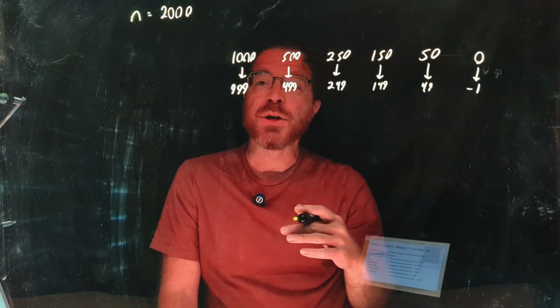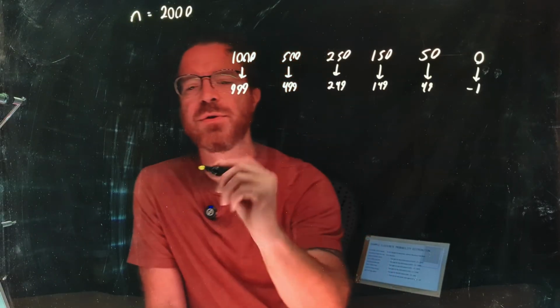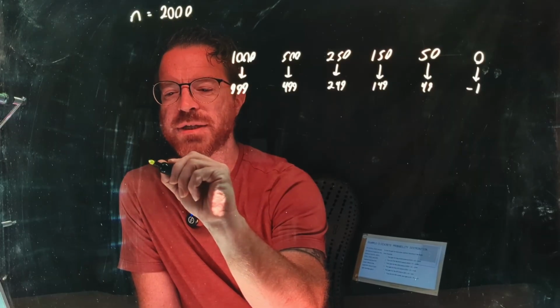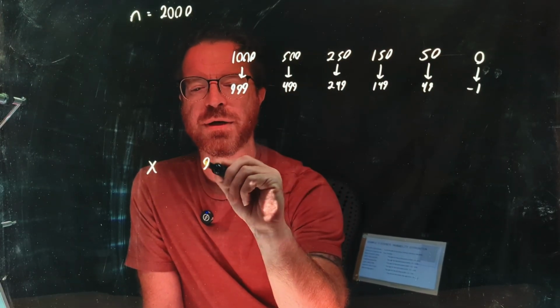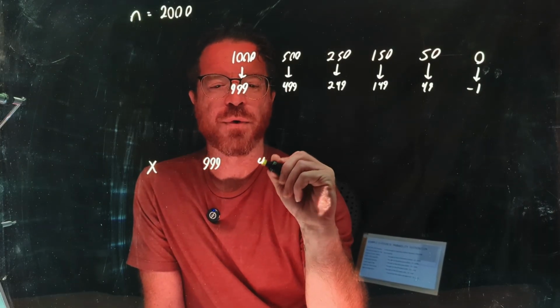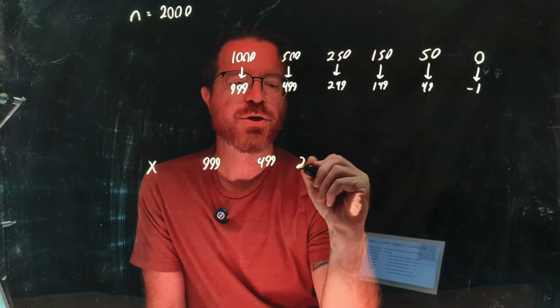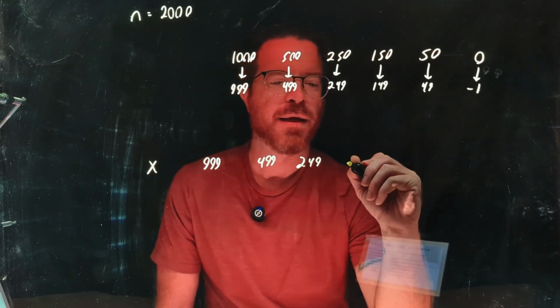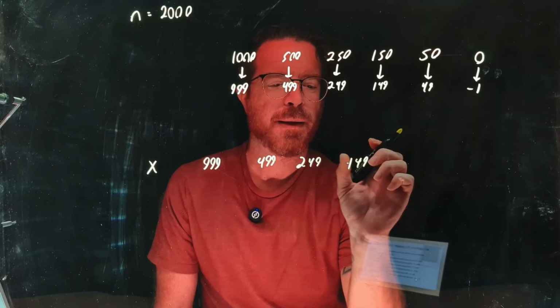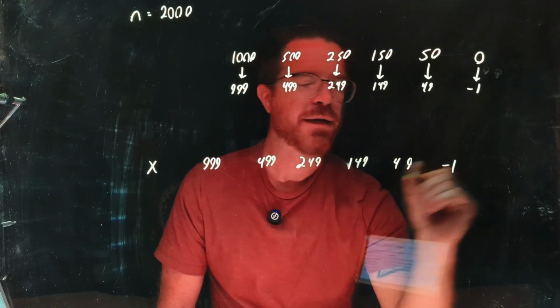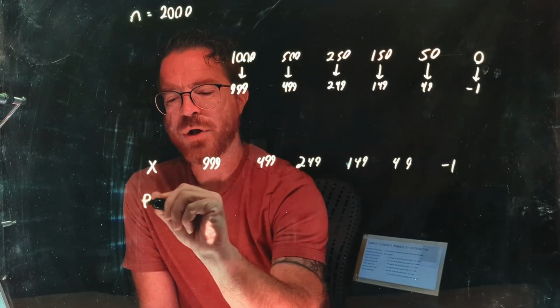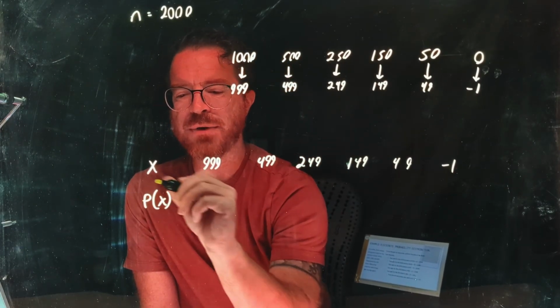Okay, so now we're going to create a table of our raffle tickets, which in this case would be our outcome X, how much money we win. So we'll put 999, 499, 249, 149, 49, and minus 1. And we will then put our probability of each of these outcomes.